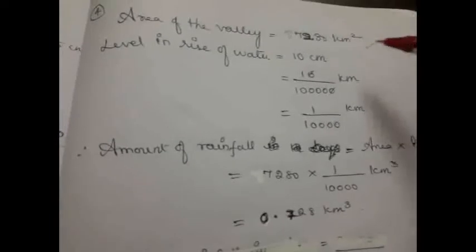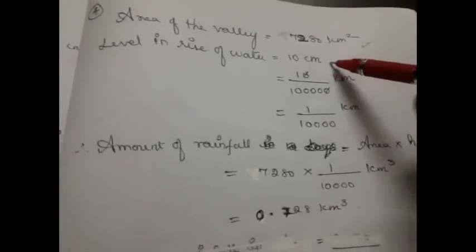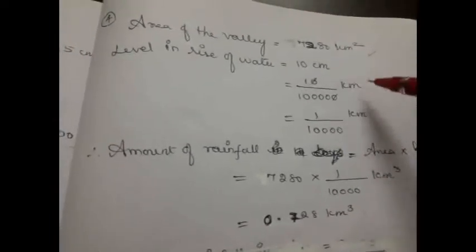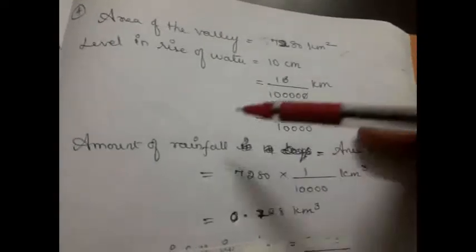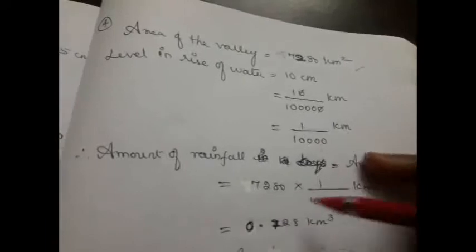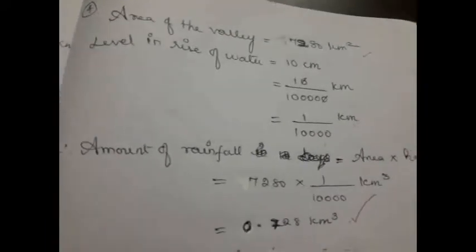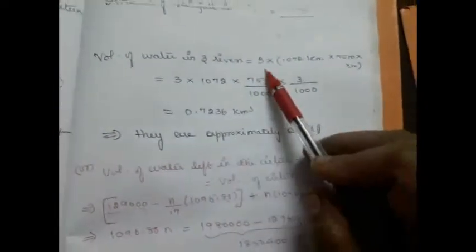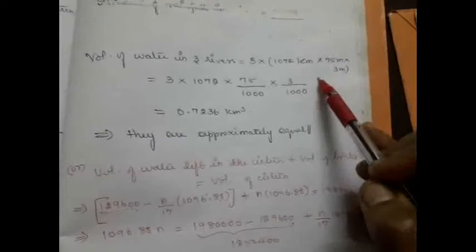So the area of the valley is given, and the rise of water, that is the rainfall, is given in centimeters, so we will convert it into kilometer. Therefore the amount of rainfall is going to be area into this, so we got 0.728 kilometer cube. Next we will find the volume of water in 3 rivers. As I told you, 3 multiplied by length into breadth into height.